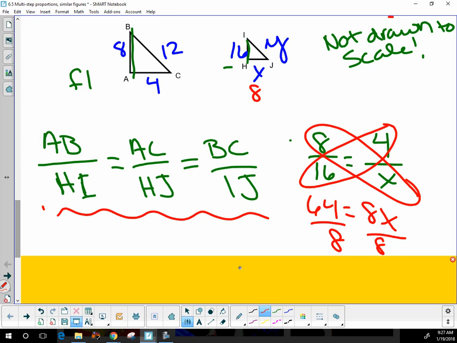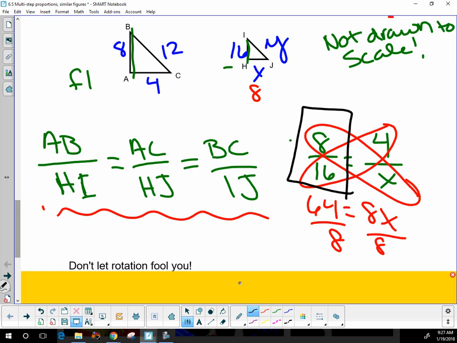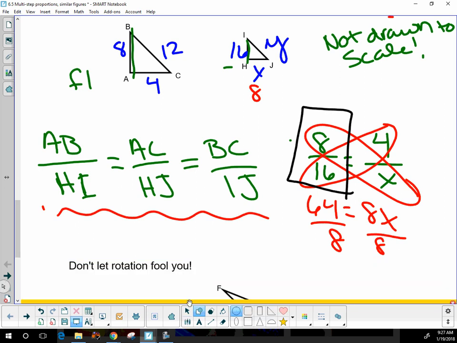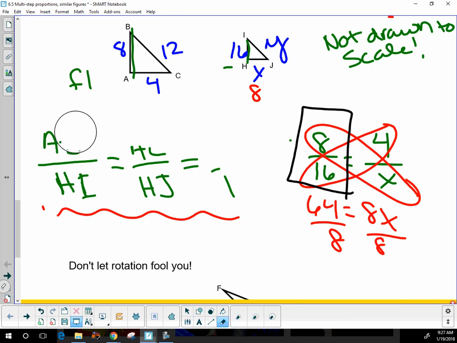Now I need to solve for y. Do the same. In fact, look, you have this set up, so let's just use that again. There's a hint: not to let rotation fool you. I'm out of room, so we'll ignore that for a second. Can you erase some of this?